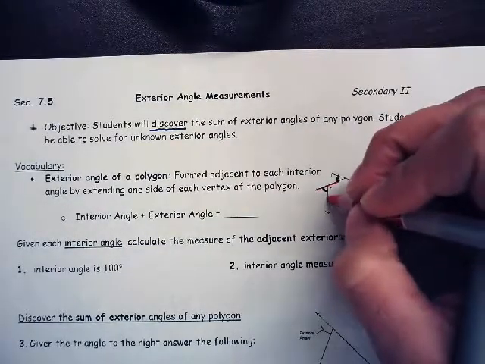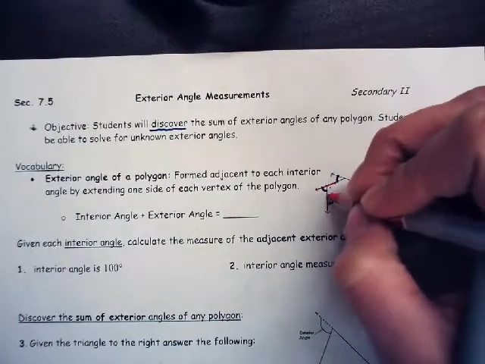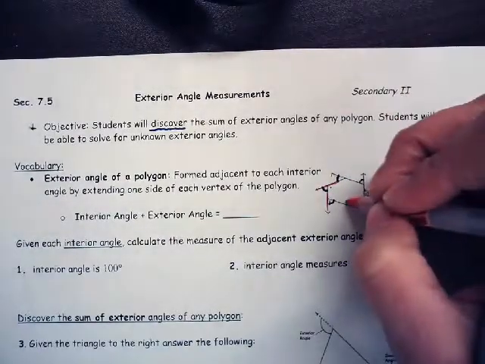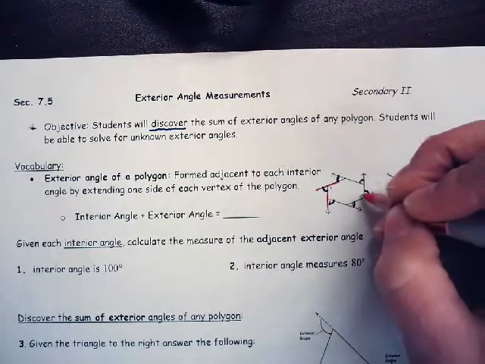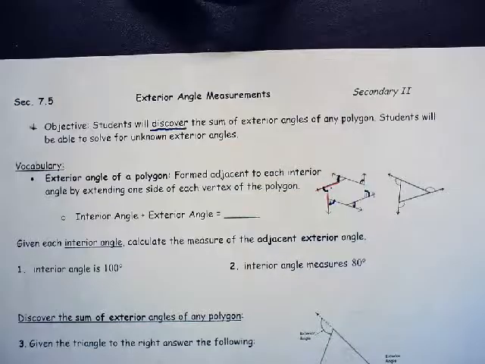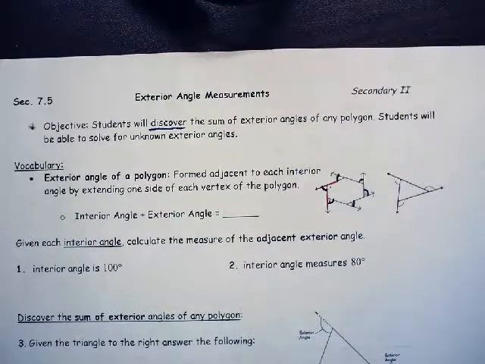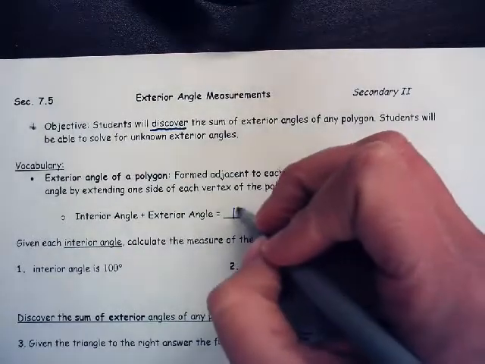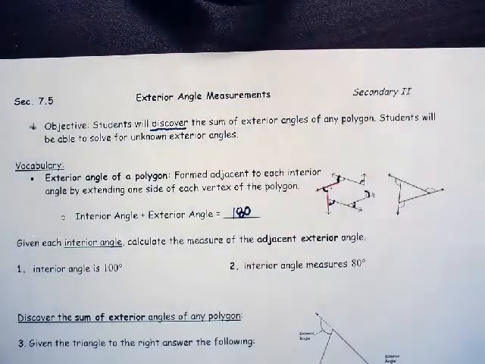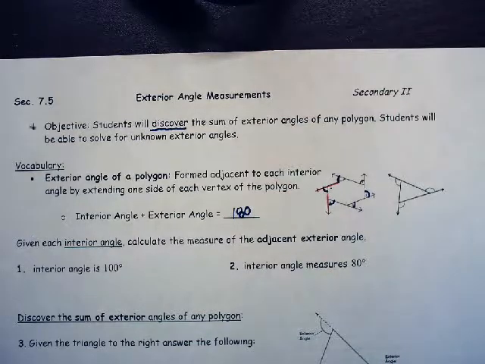Every one of these two angles right here are on a straight line, so each pair adds up to 180. So every interior angle plus every exterior angle is going to add up to be 180.